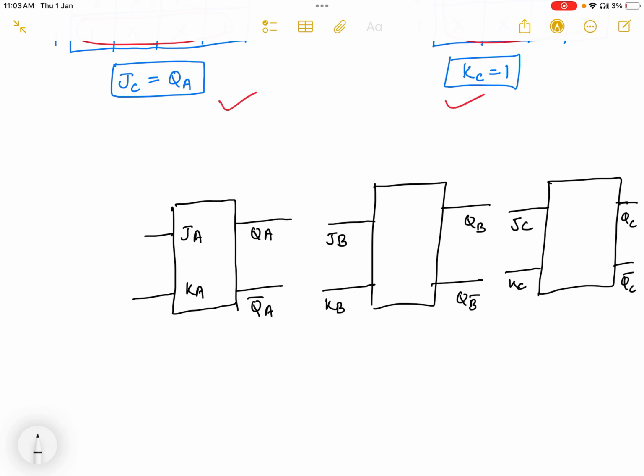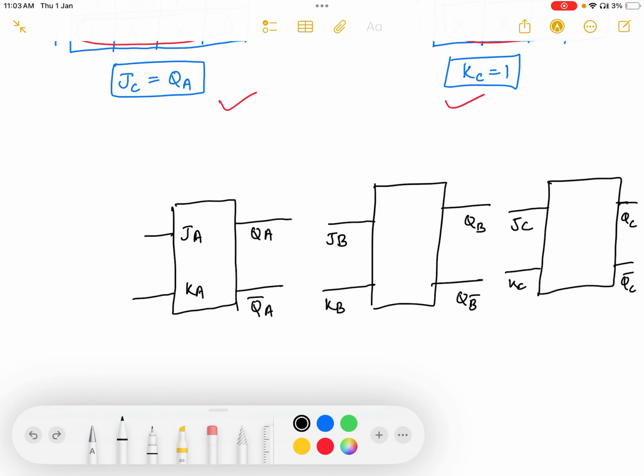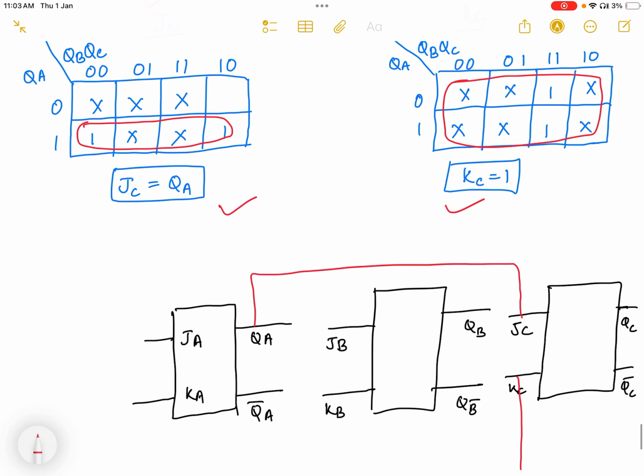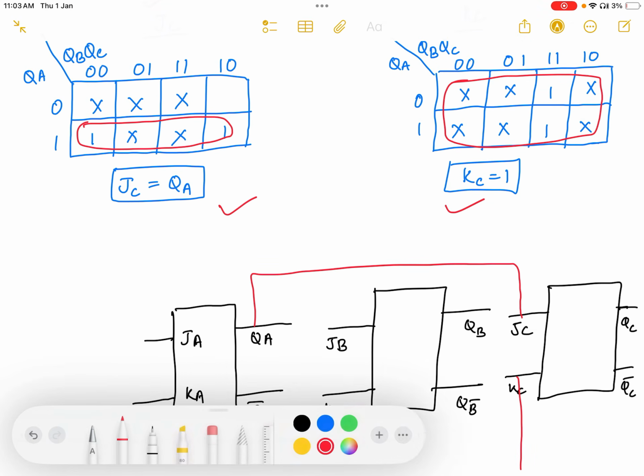Now, JC equal to QA, so I connect JC to QA like this. Then KC equal to 1, so I connect KC to 1. JB equal to 1, so I connect like this.